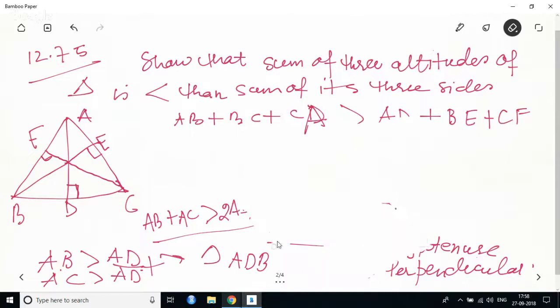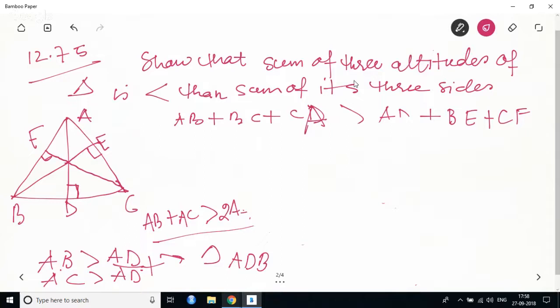Similarly, I can write that BC would be greater than CF and AC would be greater than CF. Why? Because in triangles BCF and ACF, BC and AC are hypotenuses.